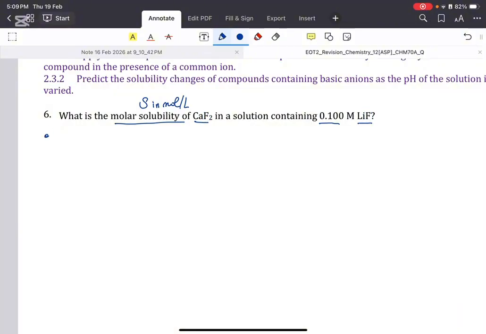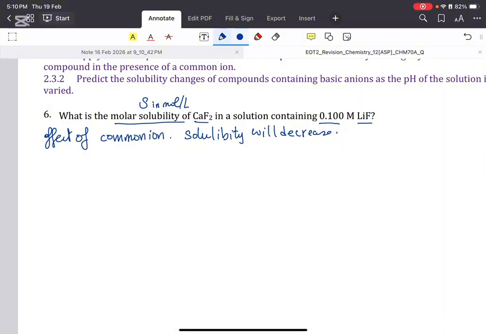This is the effect of common ion. Note that here, whenever we have a common ion, solubility will decrease. It will be less. Now here they're not asking us if it's going to increase or decrease. All they want is to calculate how much this solubility is.